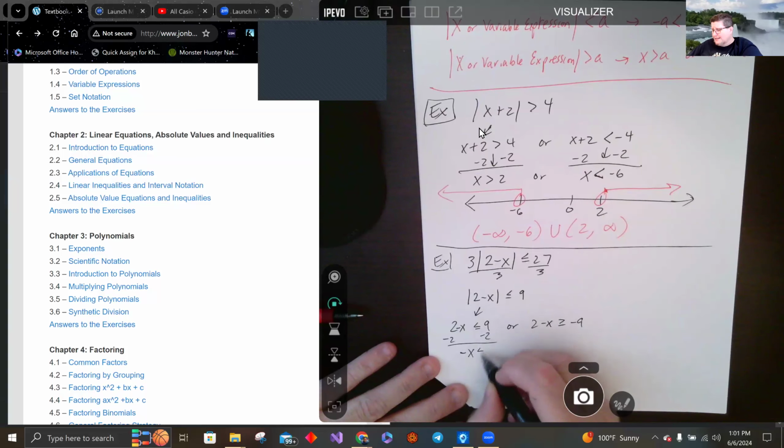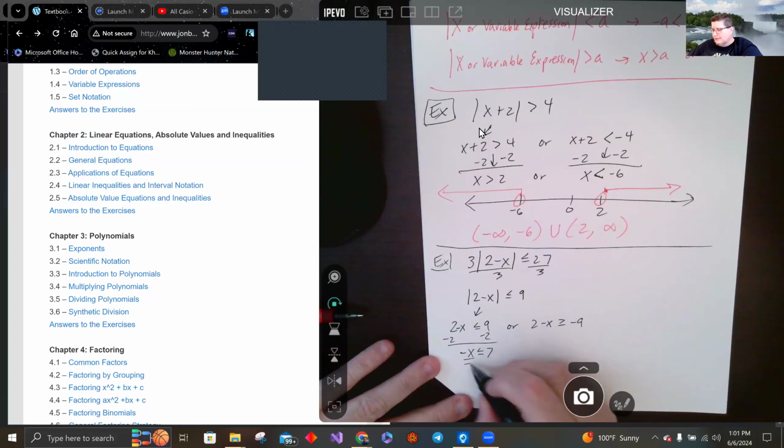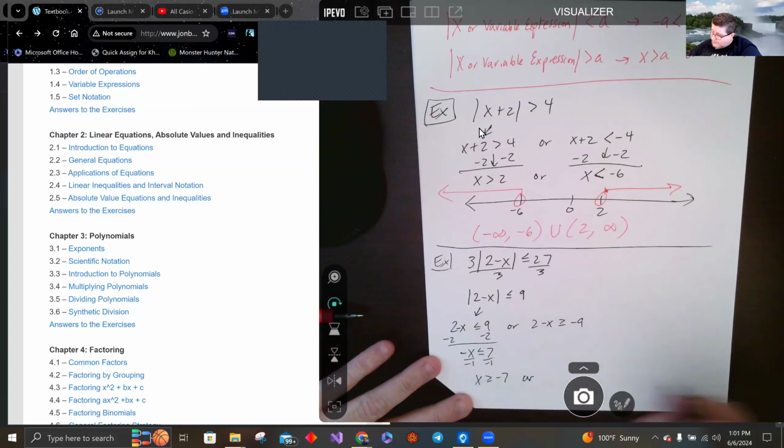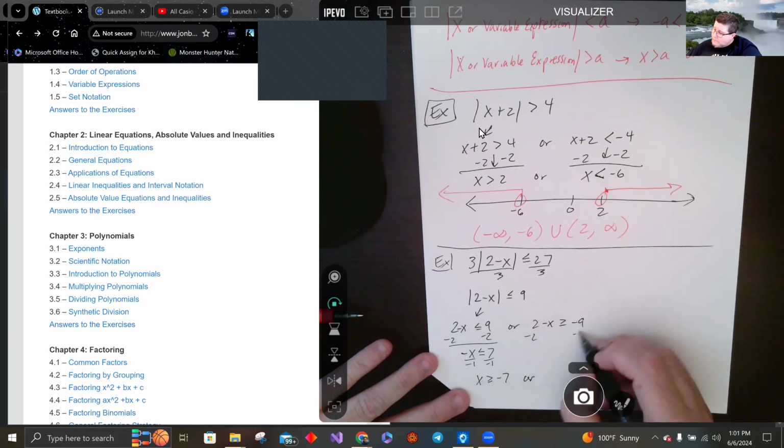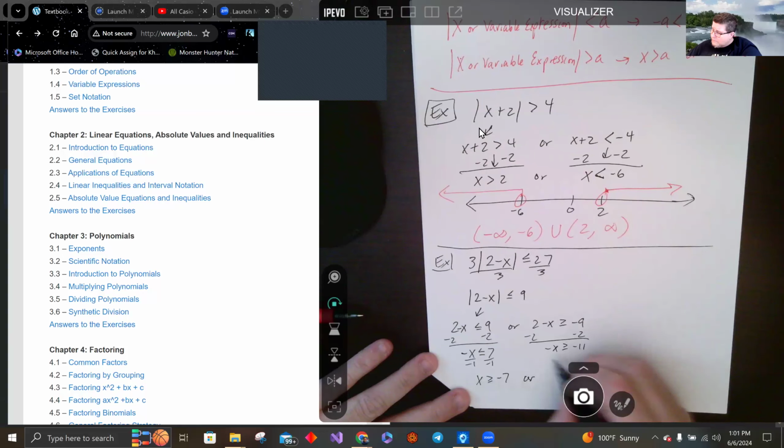Subtract 2, I get negative x is less than or equal to 7. Divide by negative 1, and I have to flip the inequality. Divide by negative 1, I have x is less than or equal to 11.